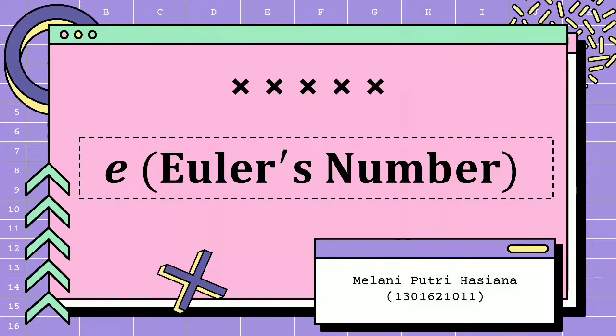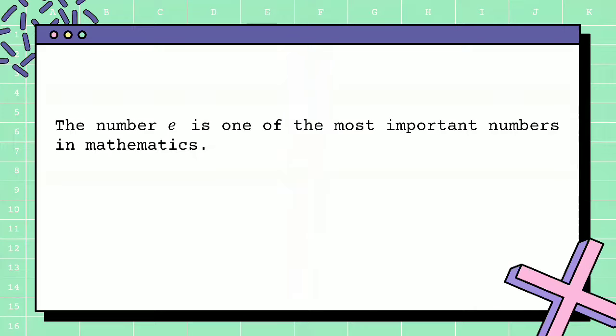This video is my final project of English Math. In this video, I will talk about Euler's number. The number e is one of the most important numbers in mathematics.